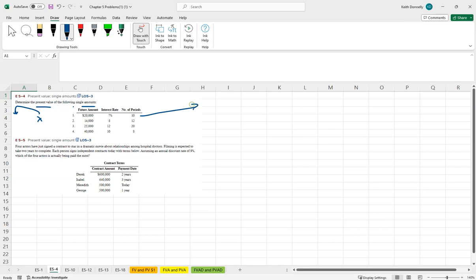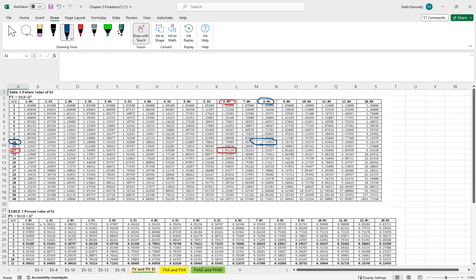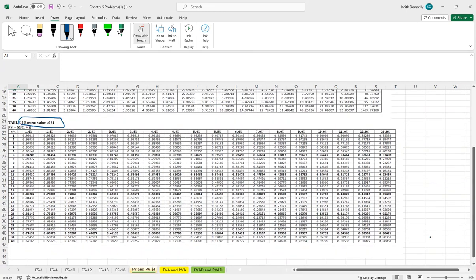If we look at one here, it's going to be $20,000, the future amount, times the factor. We have to get the I and the N: 7%, 10 periods. That will give us our present value. This time we have to use the present value tables. You could screw that up; you could pick the wrong table.